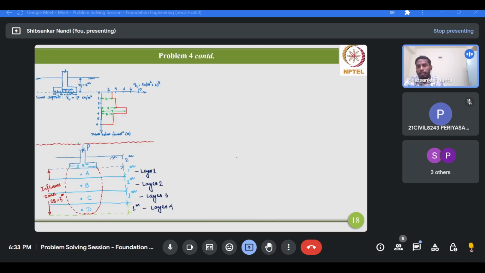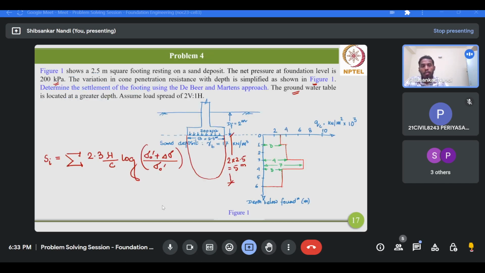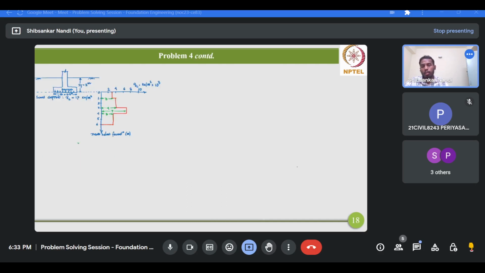So we divide this entire influence zone into 4 layers: layer 1, layer 2, layer 3, layer 4. And what is the basis of this layering? The basis is that in each layer the cone penetration resistance should be uniform or constant. For layer 1 it would be simply 3000 kPa, for layer 2 it would be 4000 kPa, for layer 3 it would be 7000 kPa, and for layer 4 it would be again 3000 kPa.